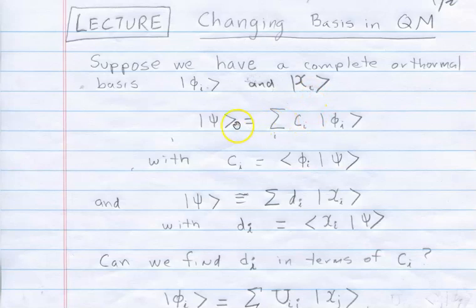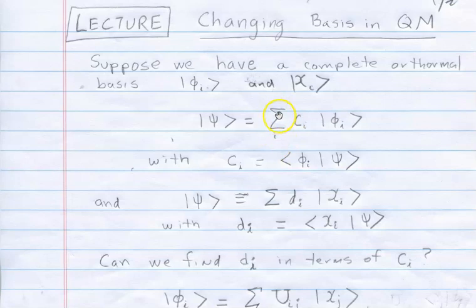What we know is that they're both complete bases, and so I should be able to expand any state that I want to. Here I've got a general state psi that I can expand on this orthonormal basis set. It's just the sum over all the i's, and I get these expansion coefficients c_i, basically the components on the phi basis.